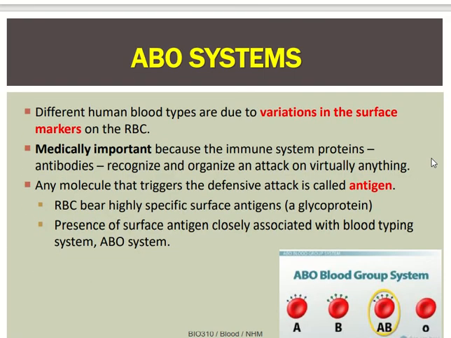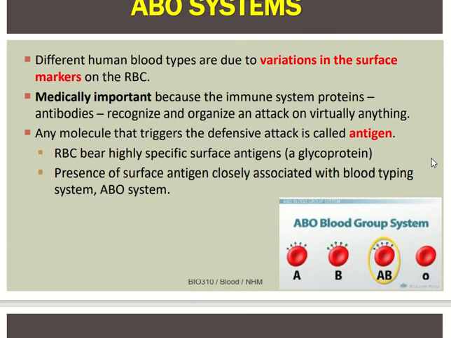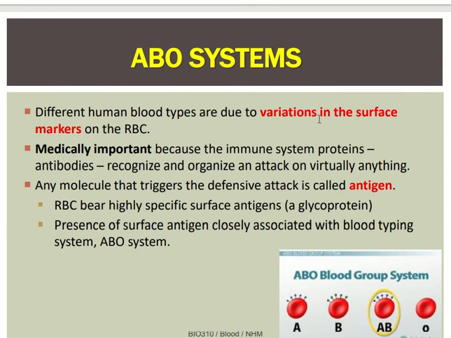Different human blood types are due to different variations on the surface of the red blood cells. Some red blood cells have a surface marker, and some do not.